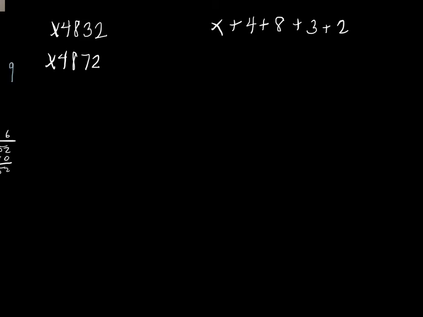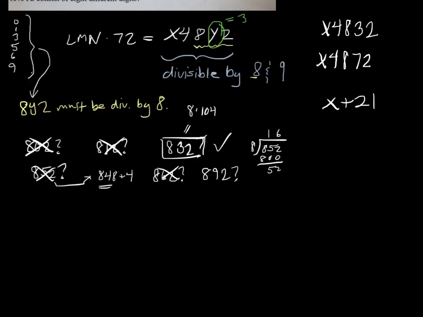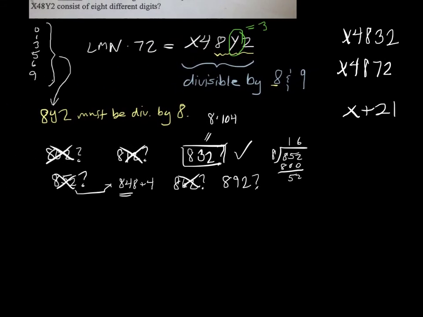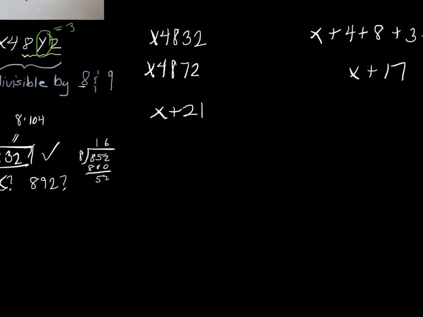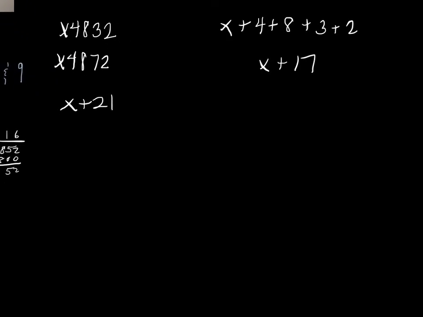x plus 4 plus 8 plus 3 plus 2 is x plus 17. And x plus 4 plus 8 plus 7 plus 2 is going to be x plus 21. Now our choices for x are 1, 3, 5, 6, and 9, but not in both cases.